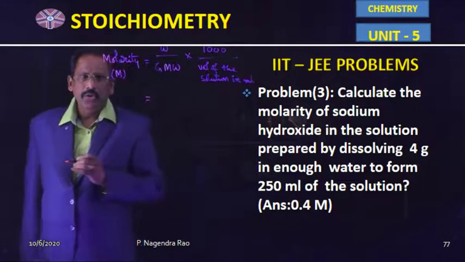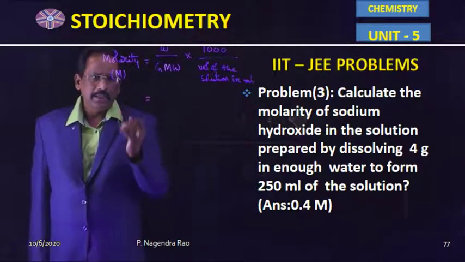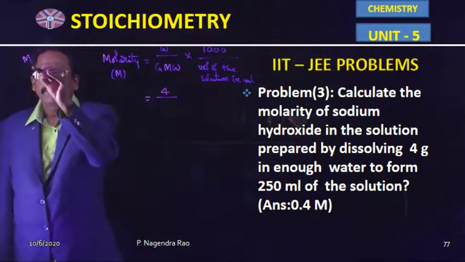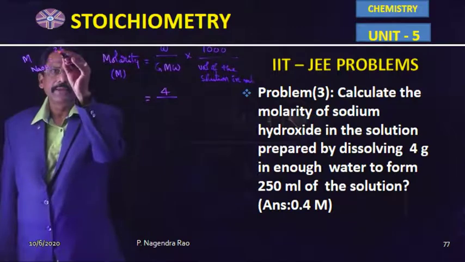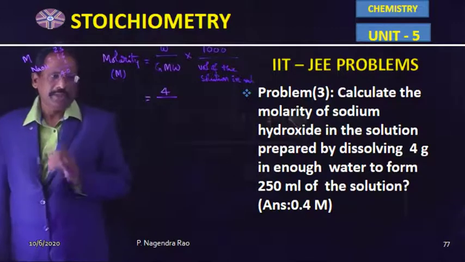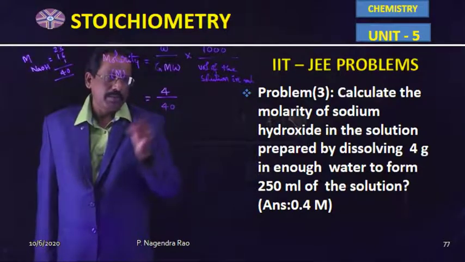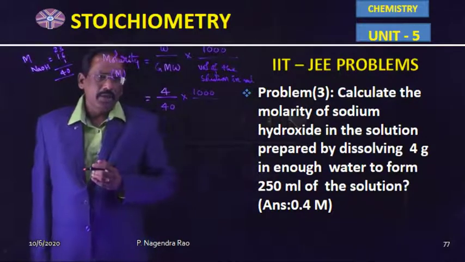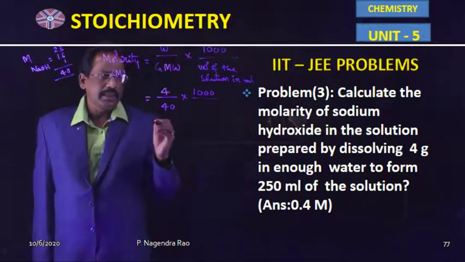Here the solute is caustic soda, that means sodium hydroxide. Its weight is 4 grams, divided by the molecular weight of caustic soda. NaOH is 23 plus 16 plus 1, that is equal to 40 AMU. So the solute weight is 40. So 4 by 40 into 1000 divided by the volume of the solution in milliliters, or 1 by the volume of the solution in liters.